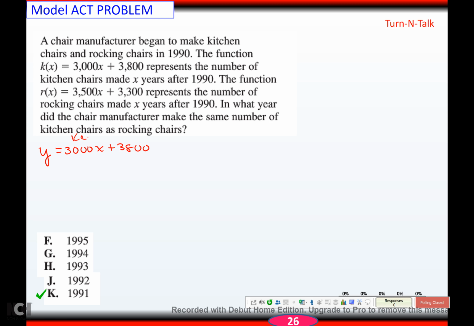The function r of x, and again, I'm just going to use y, equals 3,500x plus 3,300. That represents the number of rocking chairs made X years after 1990. In what year did the chair manufacturer make the same number of kitchen chairs as rocking chairs?